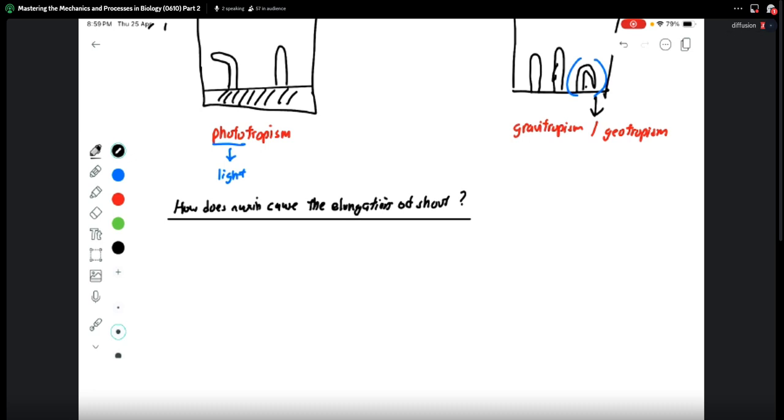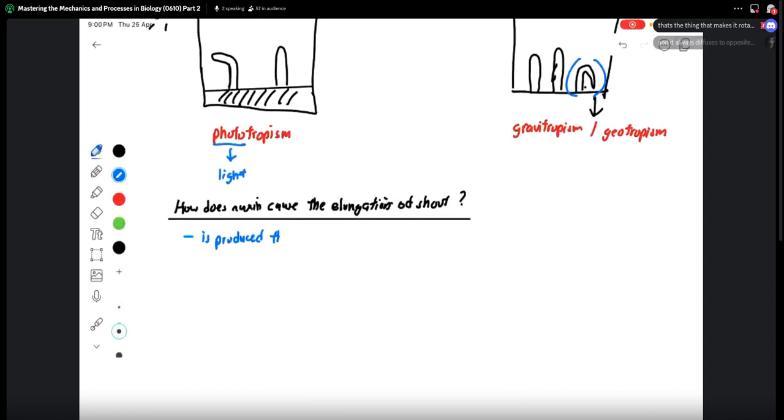So how do you answer this type of question in the exam? The auxin is produced in the shoot's tip. So meaning the shoot is like this, and auxin is produced here.